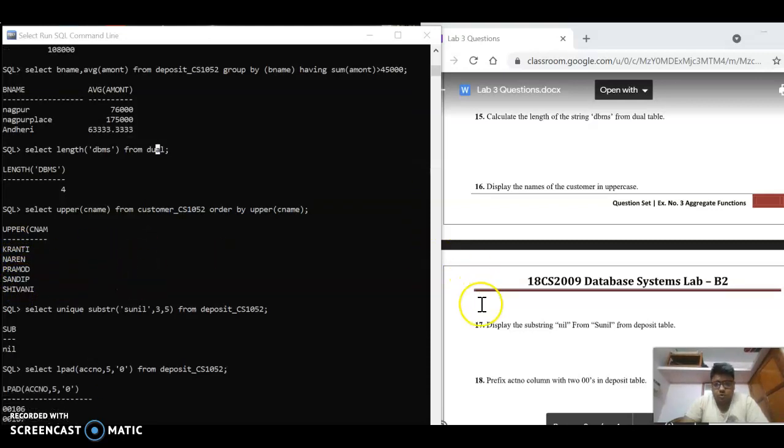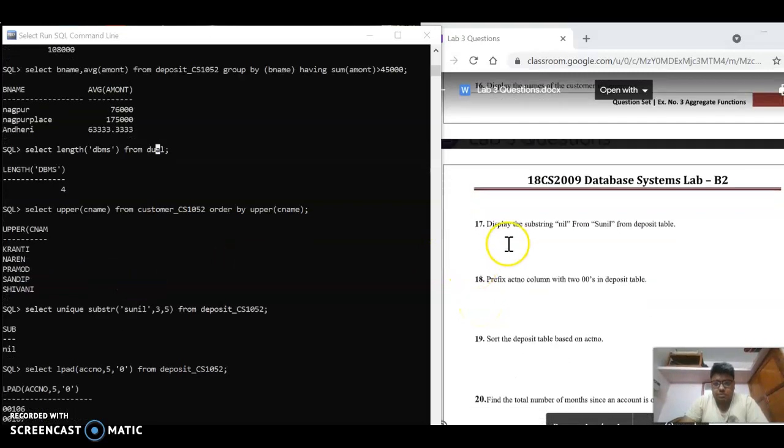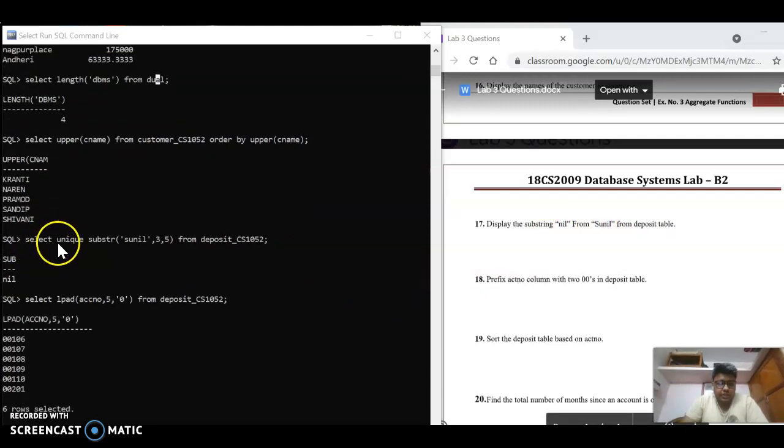So moving on to the 17th question, display the substring nil from Sunil from the deposit table. So select substring from Sunil from the deposit table. So the substring nil came as the output.